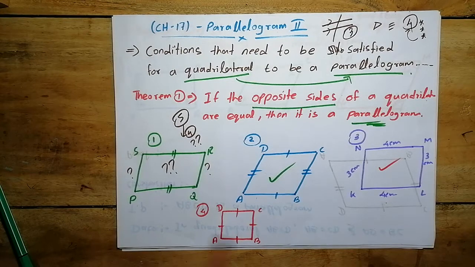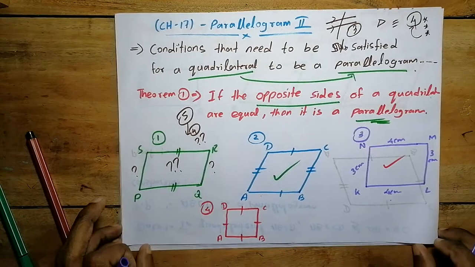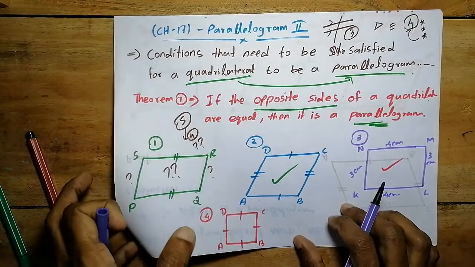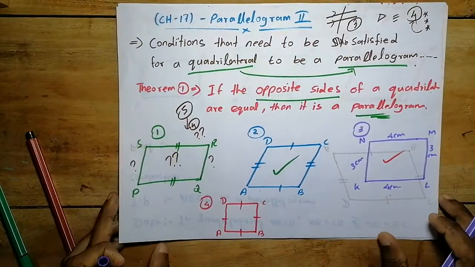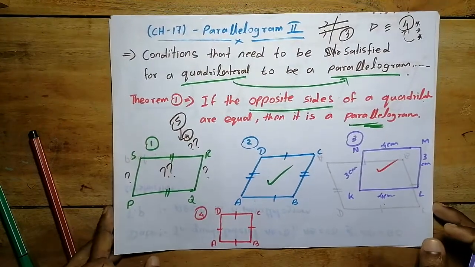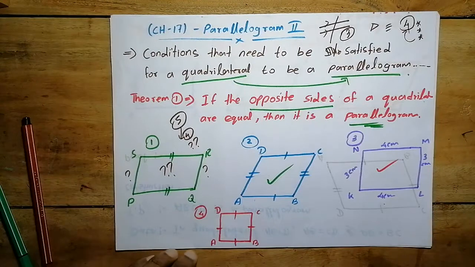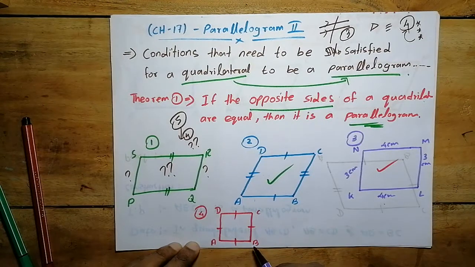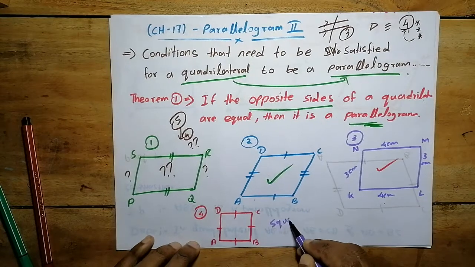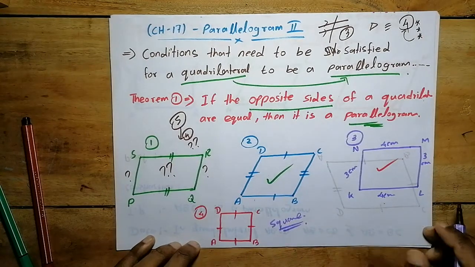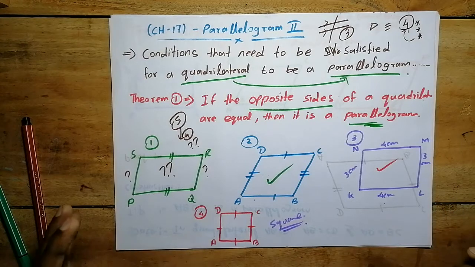Okay. What about the fourth figure? In the quadrilateral ABCD given, the data is that all the sides are equal. All the sides are equal means, in other words, we can say opposite sides are equal here. We can name this quadrilateral a square, because if all sides are equal, the quadrilateral is a square.